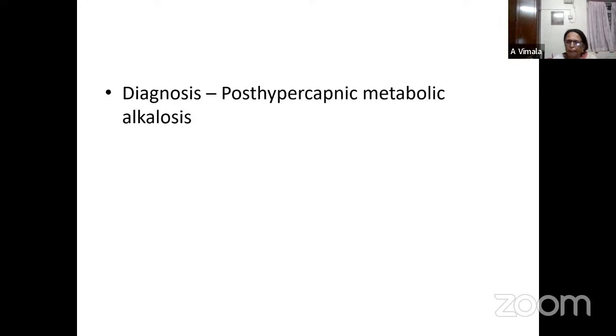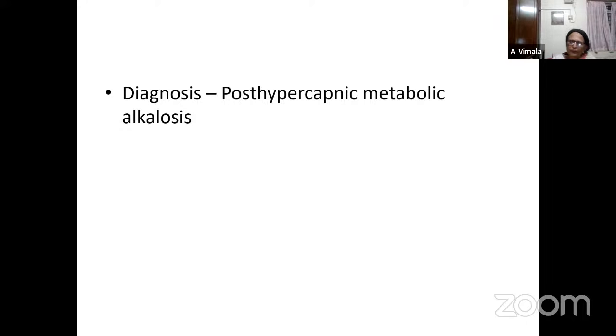Maybe it is difficult. The mechanism that you should understand is, as we said last class also, for a metabolic disorder, acidosis or alkalosis, the respiratory compensation is instantaneous. When somebody loses bicarbonate, the lungs increase the respiratory rate, wash out the carbon dioxide, and pH is brought back to normal.